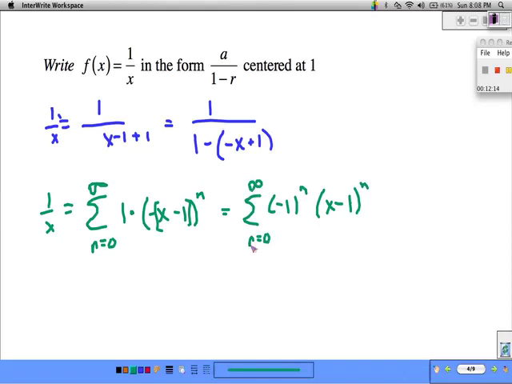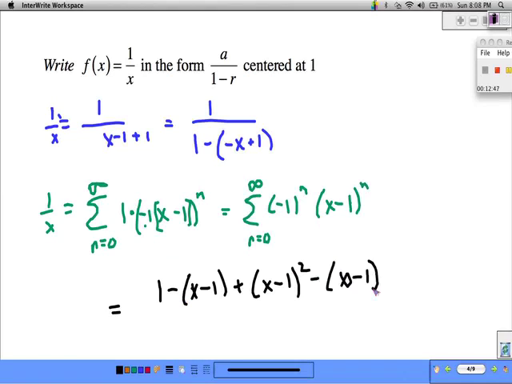It's an alternating series, because this is really negative 1 outside there. So this series gives us 1 minus x minus 1 plus x minus 1 squared minus x minus 1 cubed, and so on. And this will converge.